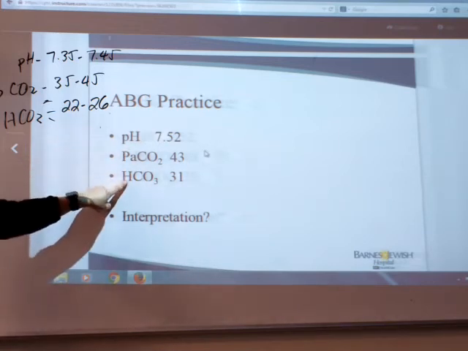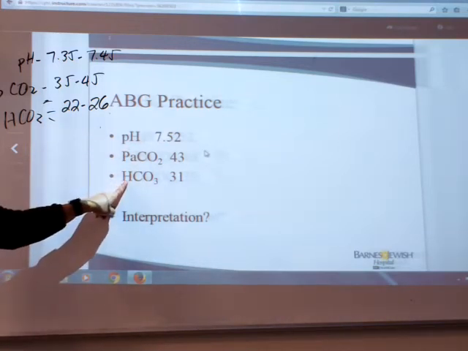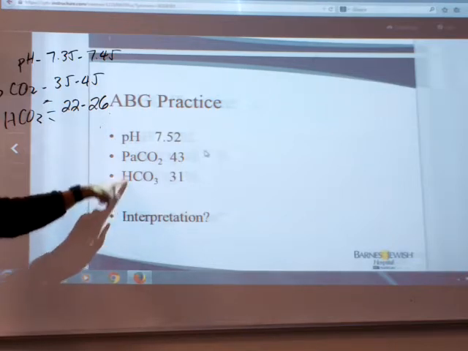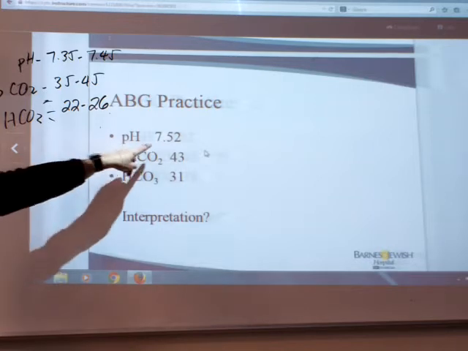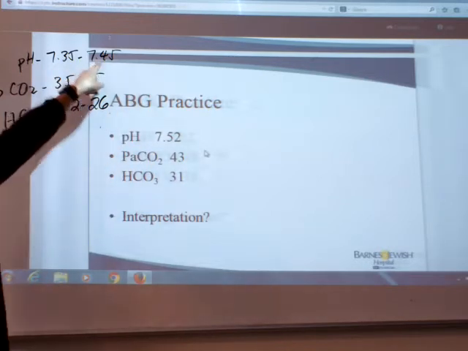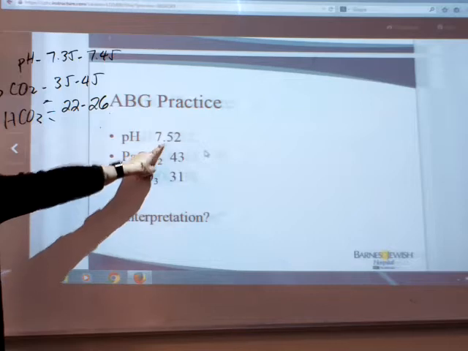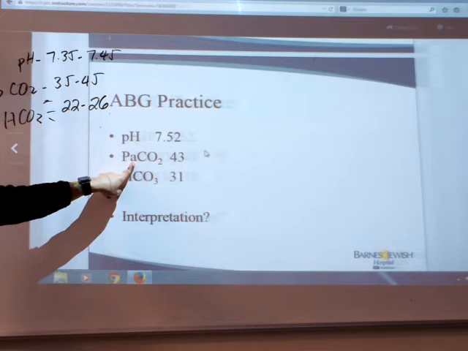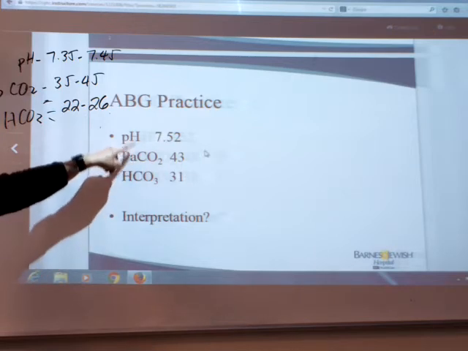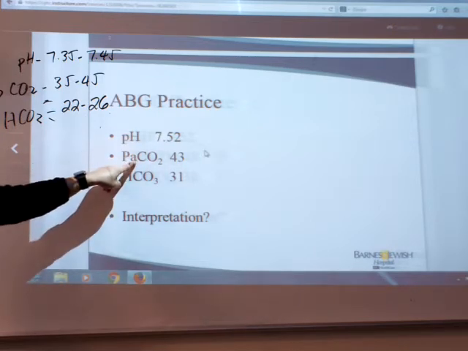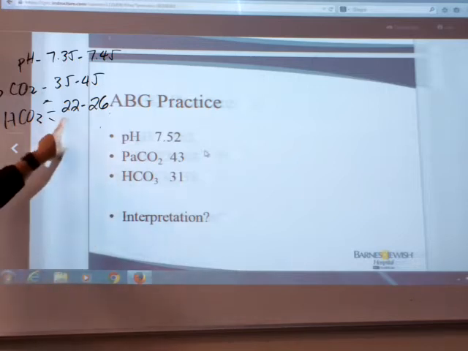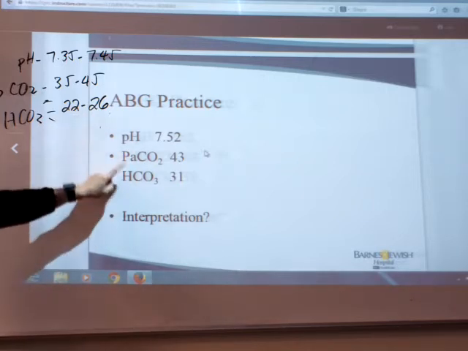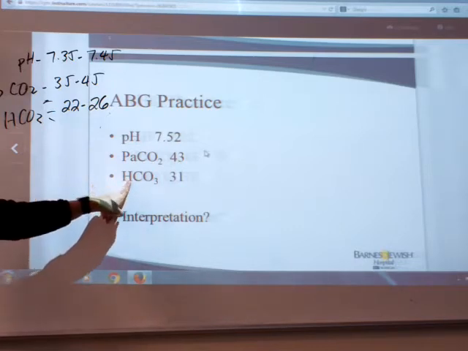The pH is high, alkalosis. The carbon dioxide is still normal, no wonder this is still high. But the bicarb is high. Look at our values, the normal is lower. So this patient's problem is metabolic alkalosis.